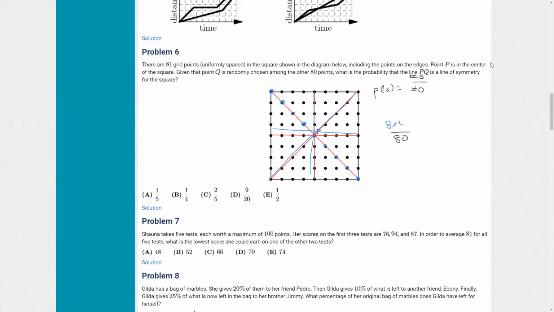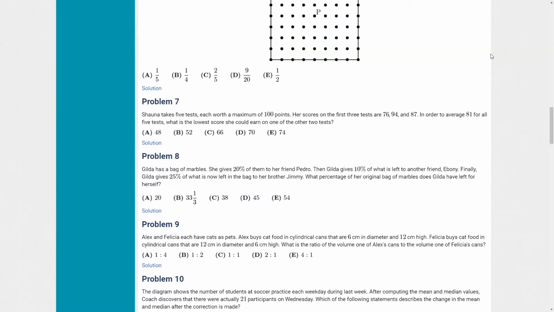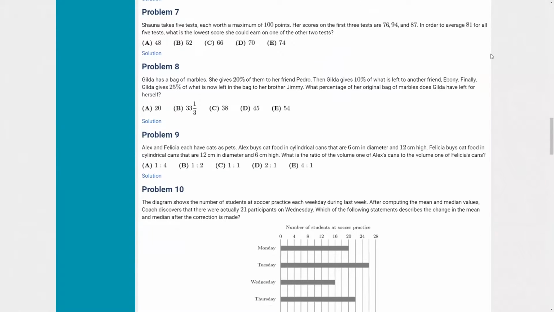So using that, we know that there's 8 along this, 8 along this, and 8 along this. So 8 times 4 gives us 32 over 80 as the probability. Now we can reduce this fraction. We can divide the top and the bottom by 16 and get the answer 2 over 5. And 2 over 5 is C. So the answer for problem number 6 is C.